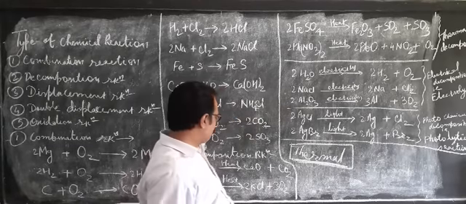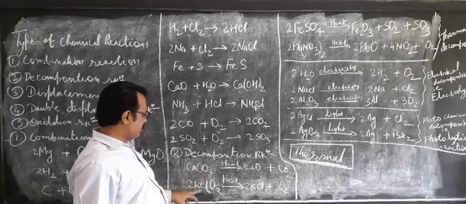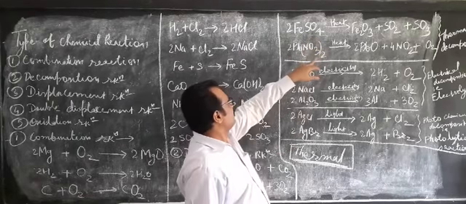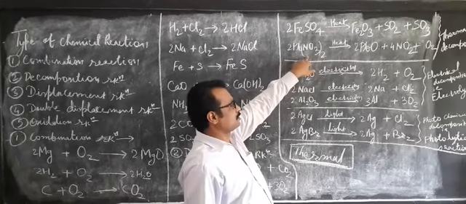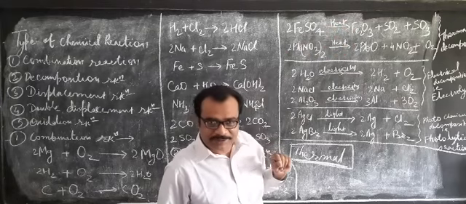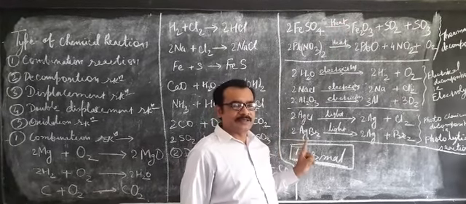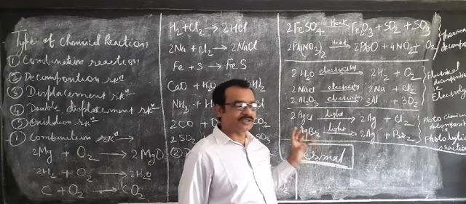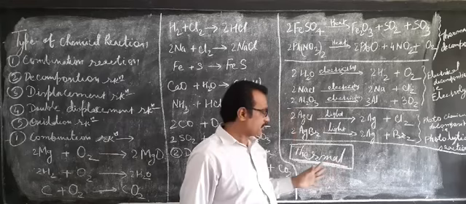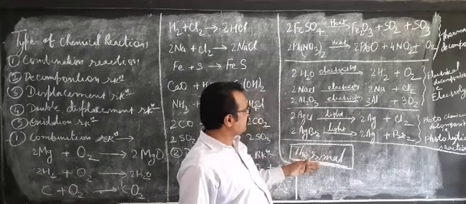So these four reactions, decomposition of calcium carbonate, decomposition of potassium chlorate, decomposition of ferrous sulfate and decomposition of lead nitrate, these four examples belong to thermal decomposition reaction, because this reaction takes place when heat energy is applied. That means when these compounds are heated, then only they decompose into more than one product. So such decompositions are known as thermal decomposition reaction.